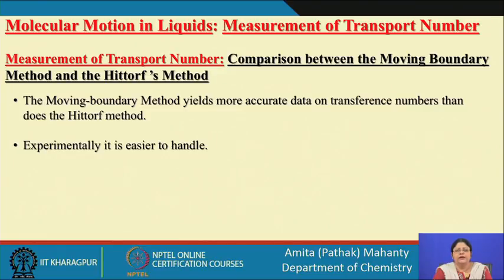In the present context, the moving boundary method is considered more accurate for finding the transference or transport number. In addition, the equipment for the moving boundary method is experimentally easier to handle than Hittorf's method.